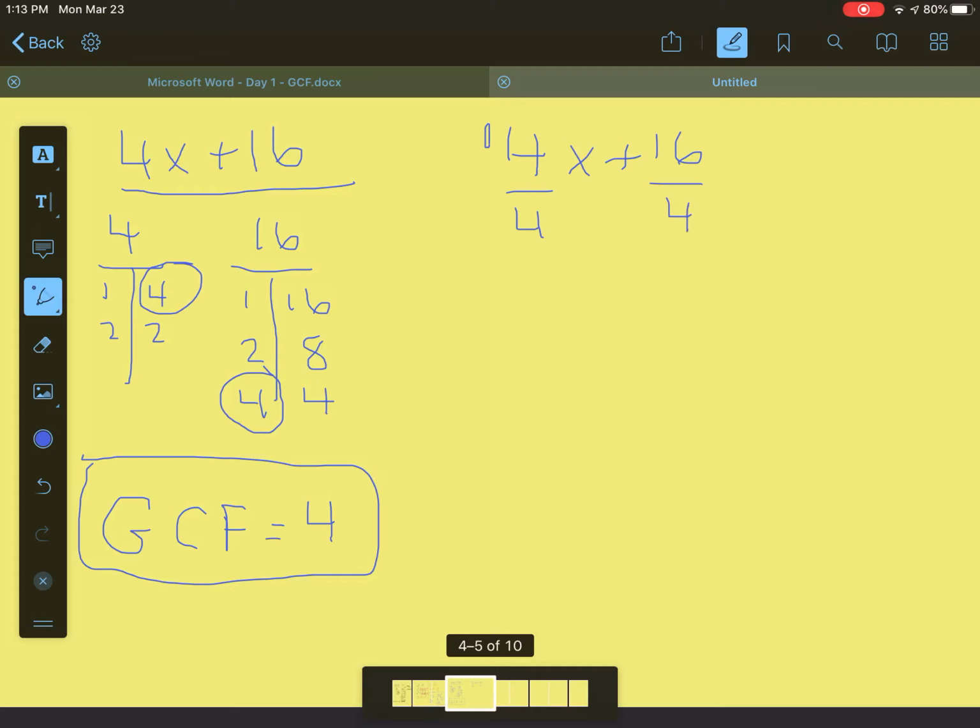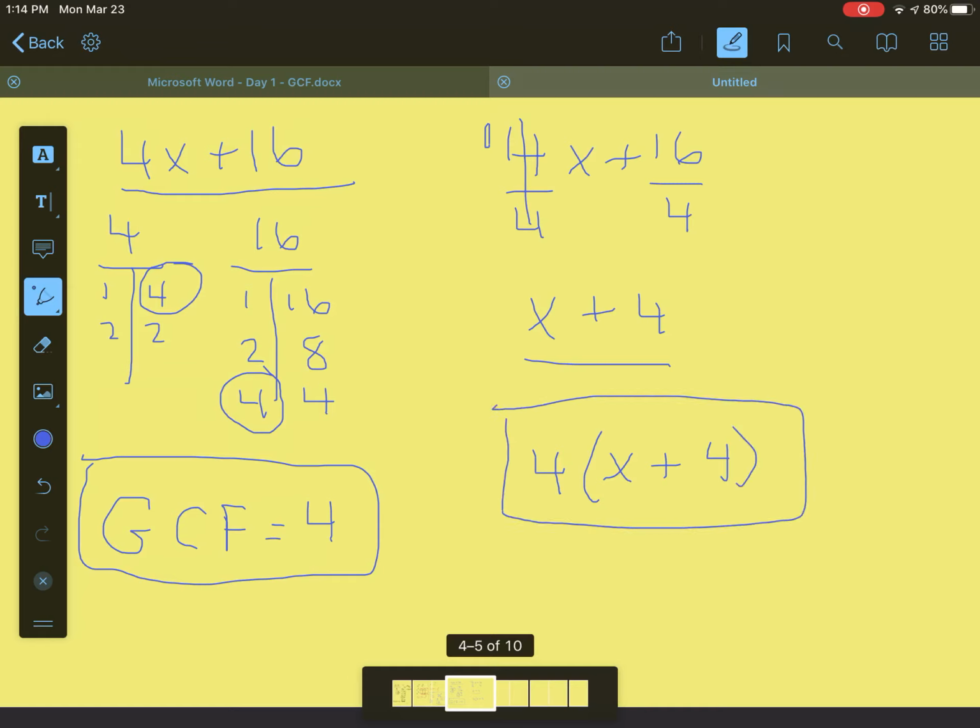When we do that, we are left with x plus, and 16 divided by 4 is just 4. So now we have what we get when we divide out the GCF. Our final answer is to stick the GCF right on the outside of it. So our final answer is 4 parentheses x plus 4. That's your answer. You just factored using GCF. Not too bad, right?